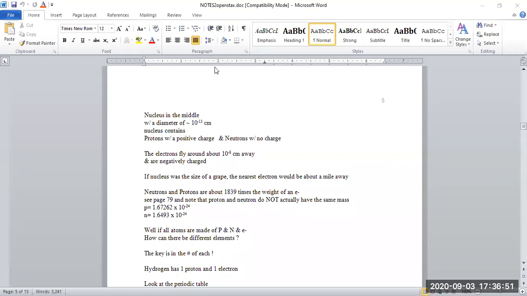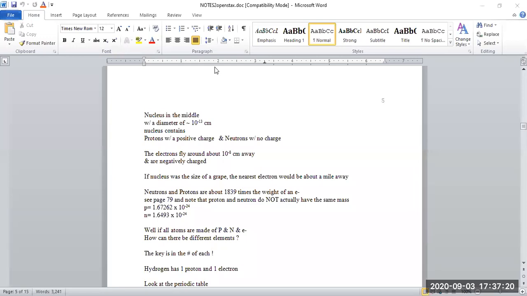Protons are positive, P and P. Neutrons, no charge, so N and N. Neutrons are neutral. We talked a little bit about how you have mostly empty space if you're looking at an individual atom. A lot of it is just dead air between where your nucleus is and where the electrons are.